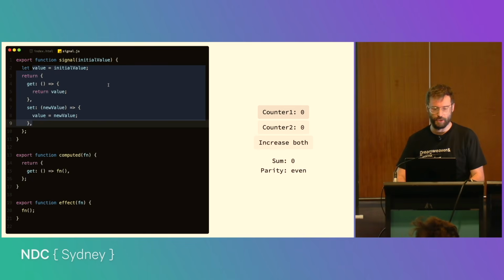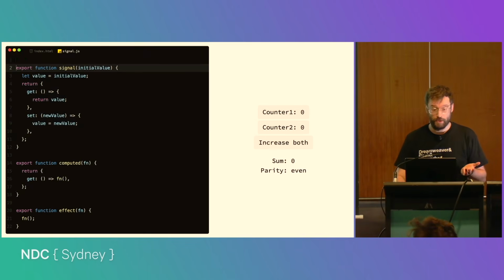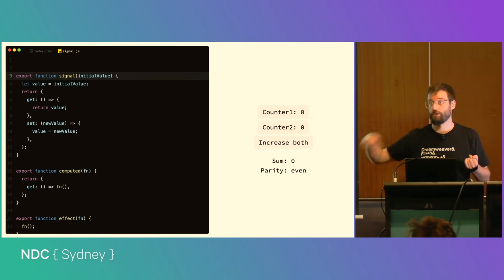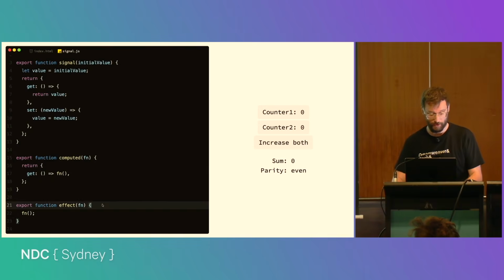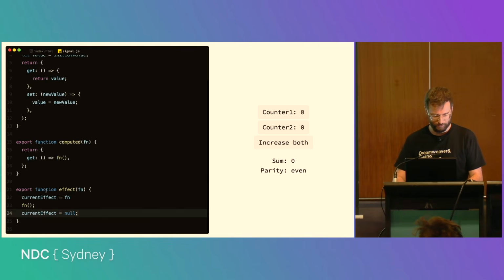You might need to recalculate things. And to do that, we basically just need to keep track of who's actually using our signal. So for that, we need two things. We need to know which effect is currently running. So we can store that in a variable, and whenever we're running an effect, we're actually just storing that function and then resetting it to null.